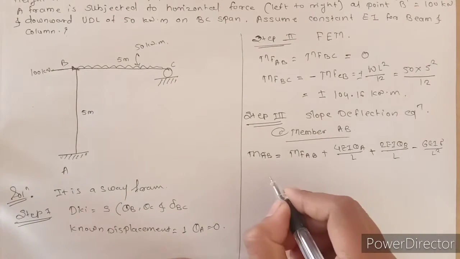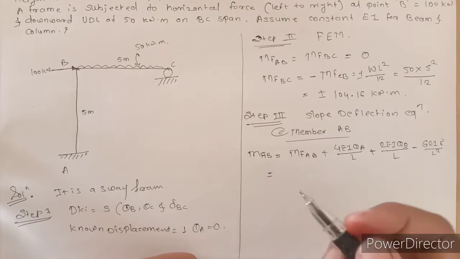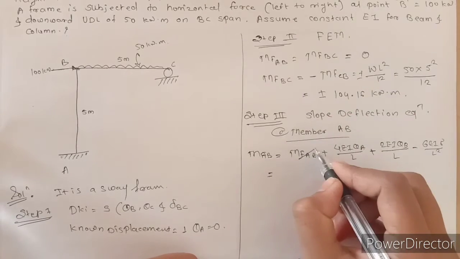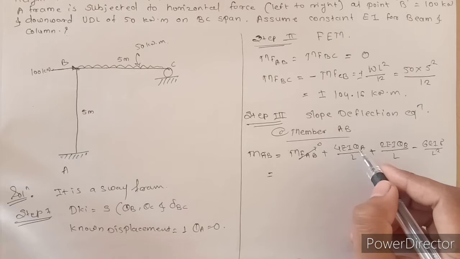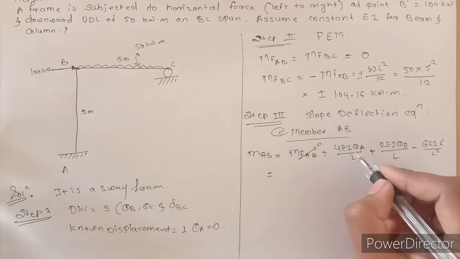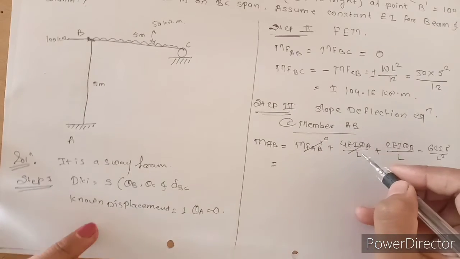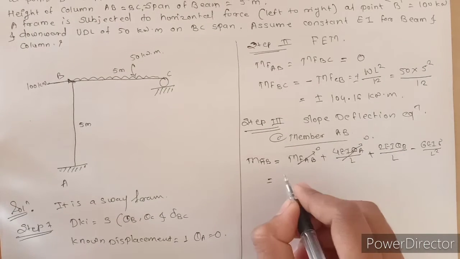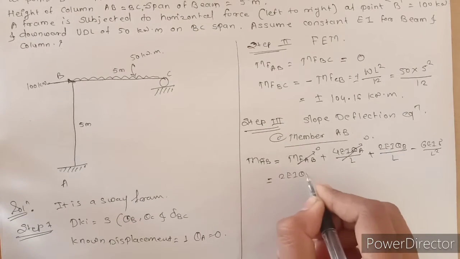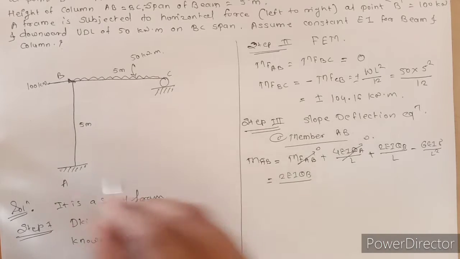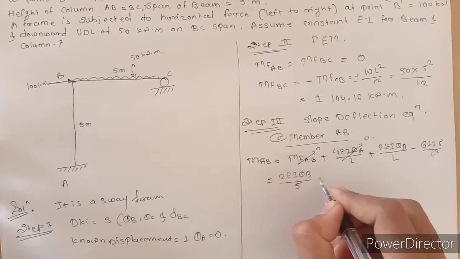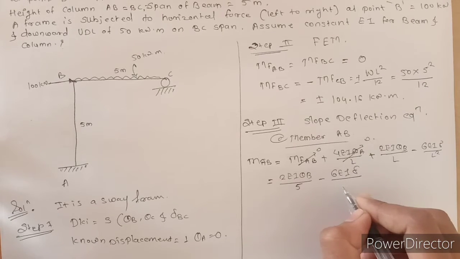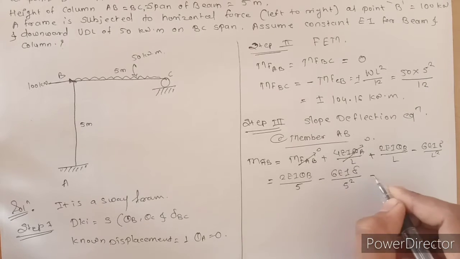Here the fixed moment at AB is 0 and theta A is equal to 0, so that whole term is 0. The remaining is 2 EI theta B divided by 5 minus 6 EI delta divided by 5 square.